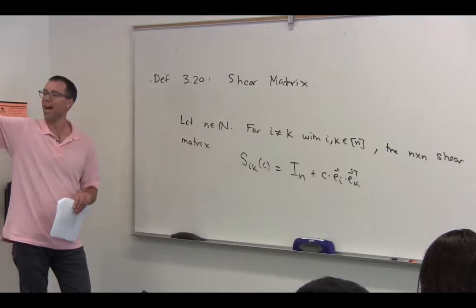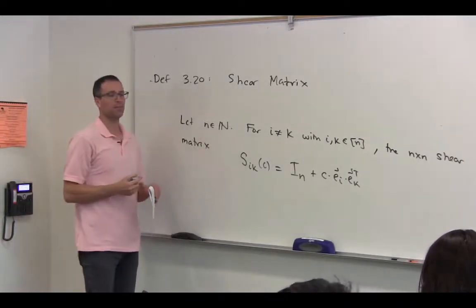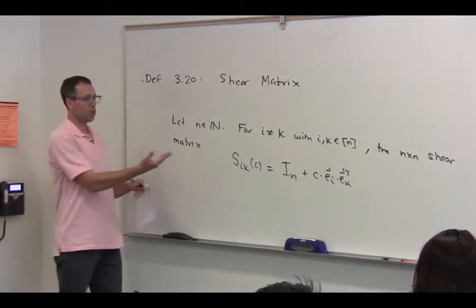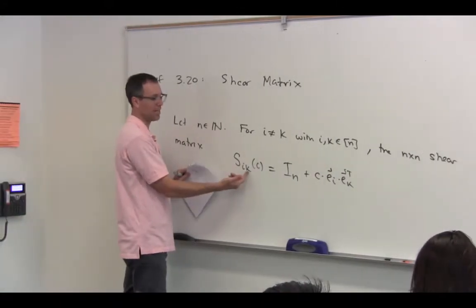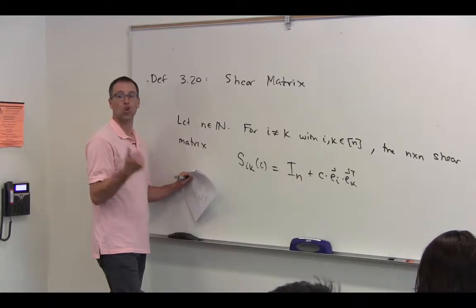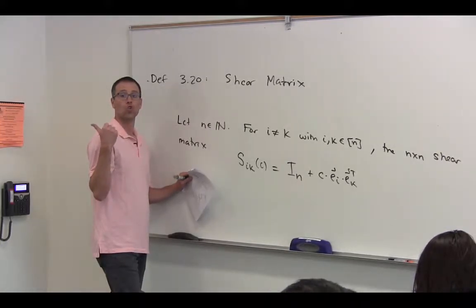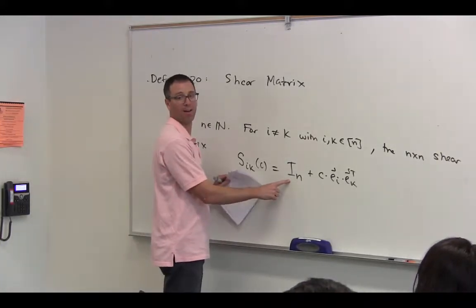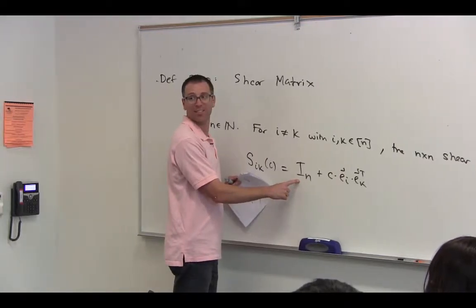Can you use that notation to talk about this matrix? What would you call the shear matrix S_ik of c? It is a rank 1 update of the identity matrix.